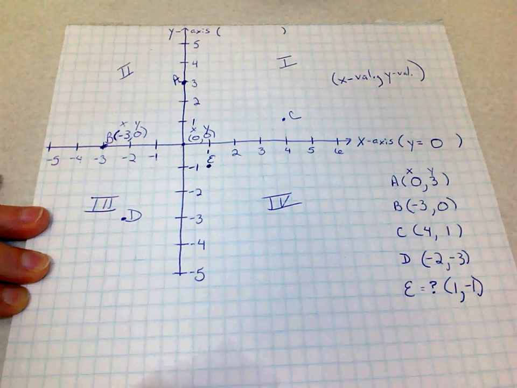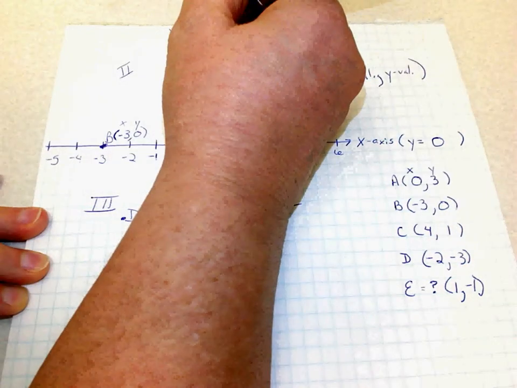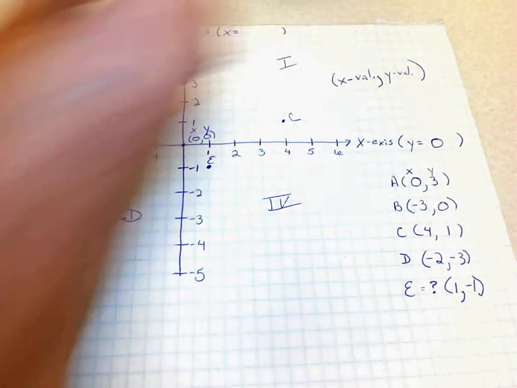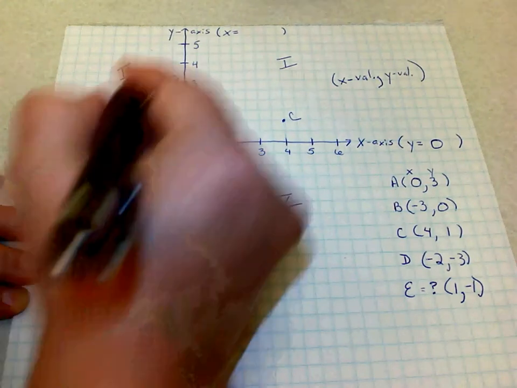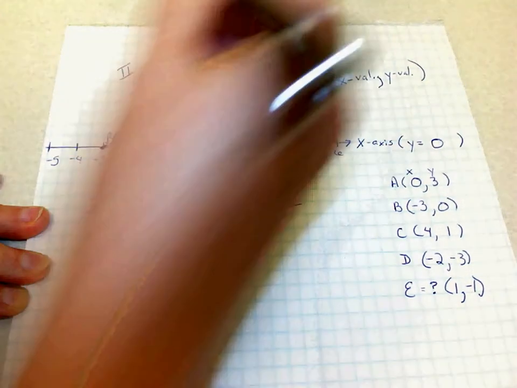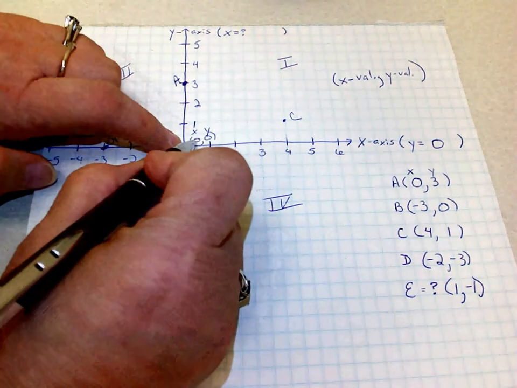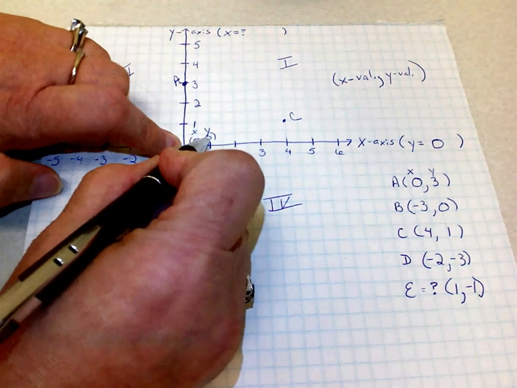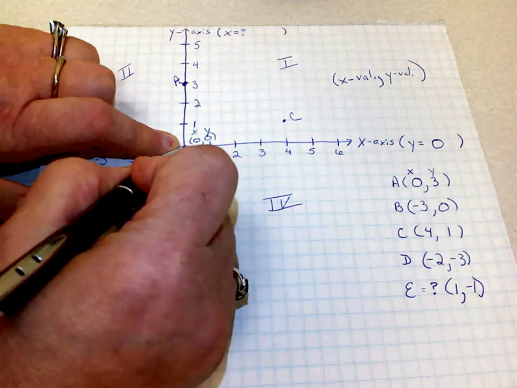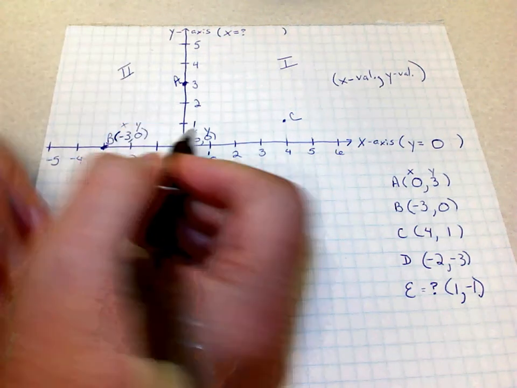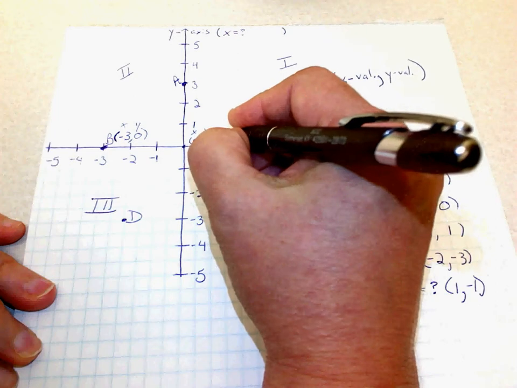Well, what do you think about on the y-axis? What do you think x is going to be? I dare you to guess it. Well, let's see. x is 0, y is 0 for this point right here. And by the way, this point is called the origin.